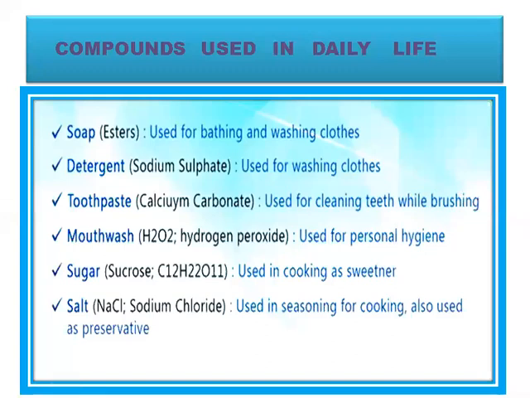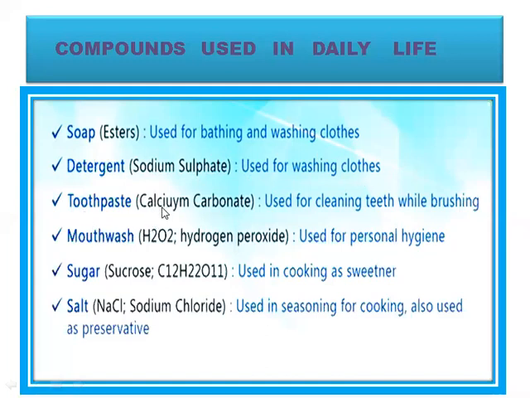These compounds are also used in our daily life. A few examples are mentioned here, for example the soaps. These are esters used for bathing and washing clothes. Detergents, compound sodium sulfate, used for washing clothes.